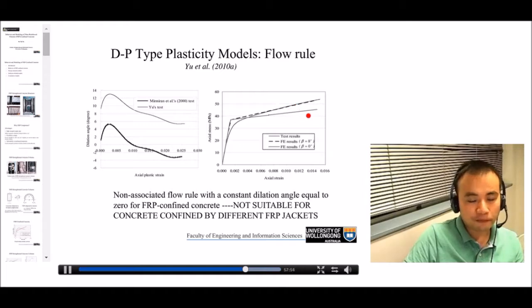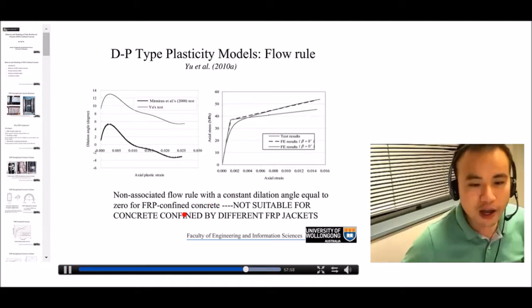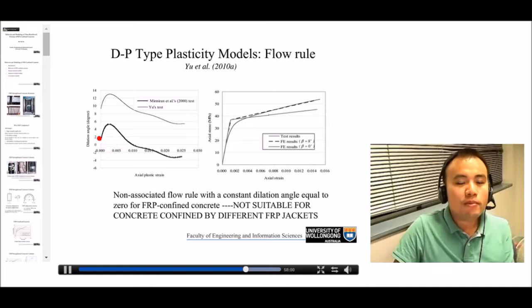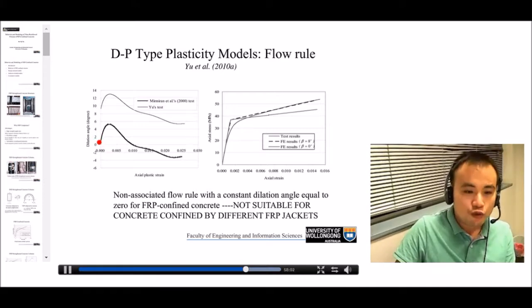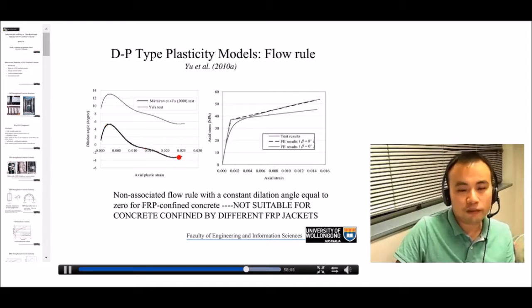the strongly confined concrete. So for concrete which is confined by a strong FRP jacket, the experimental dilation angle ranges from around positive 5 degrees to negative 4 degrees. And for this case, you can imagine if you take the direction angle equal to zero, it may work, right?